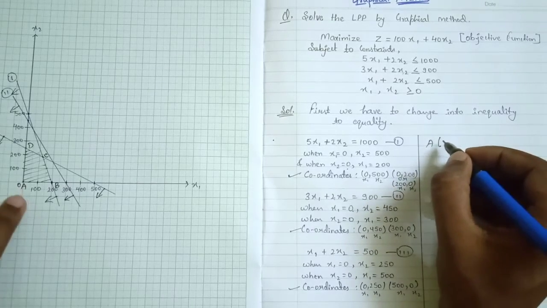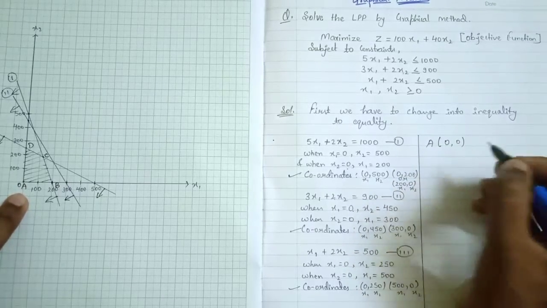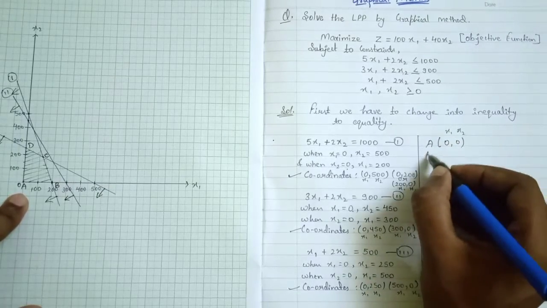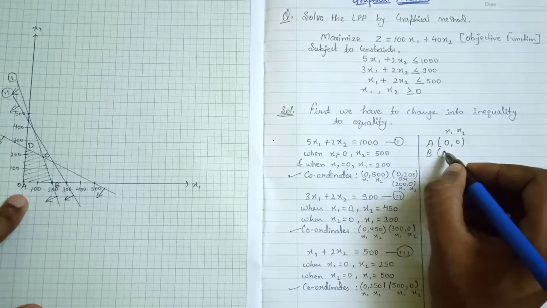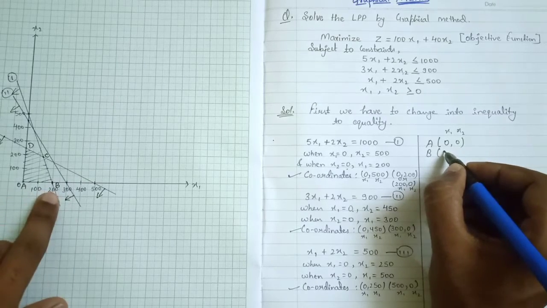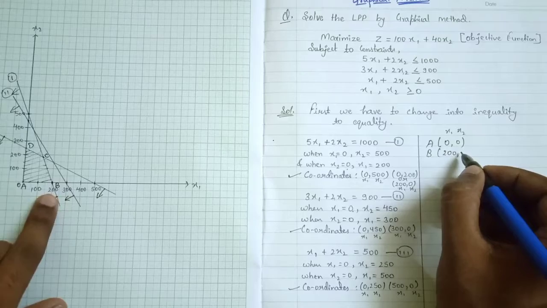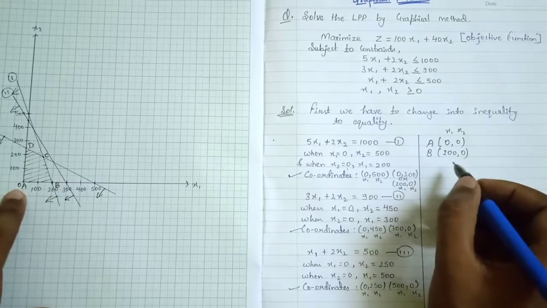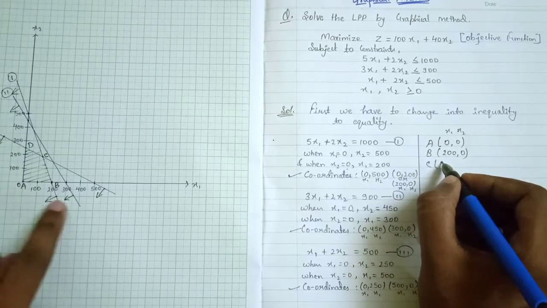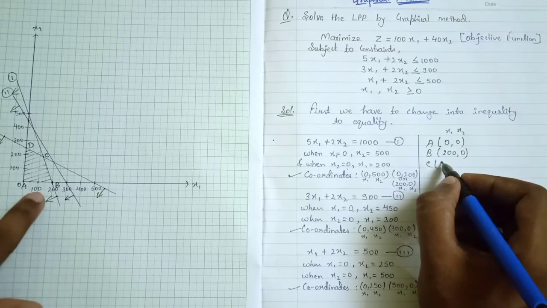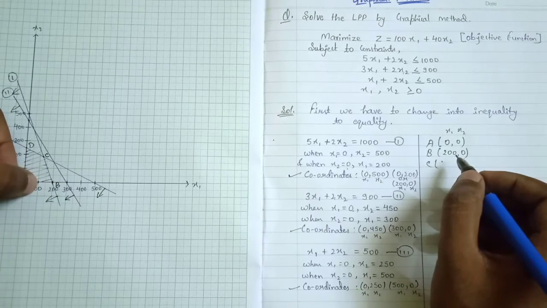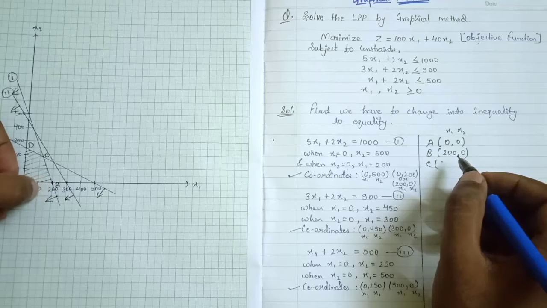The coordinates of A we got 0, 0. This is the x1 value, this is the x2 value. For B, x1 is 200 and x2 is 0. Then for C, if you count, the difference between these lines is 10, 10, 10.